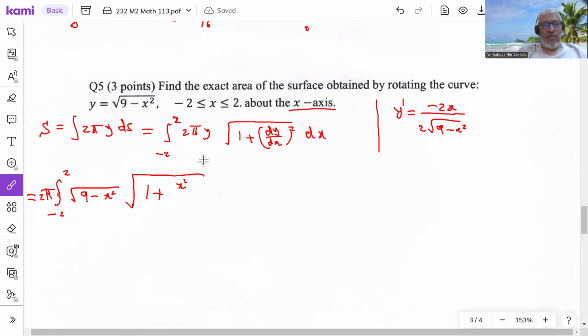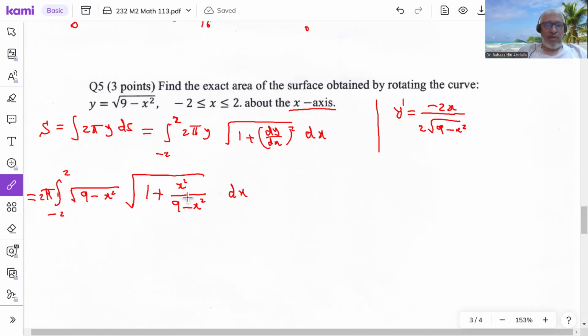Okay, dy by dx is, yeah, good. So x squared over, there is no 2 now, square it, I have 9 minus x squared. Squaring the root, the root will disappear. So this is y prime squared times dx.